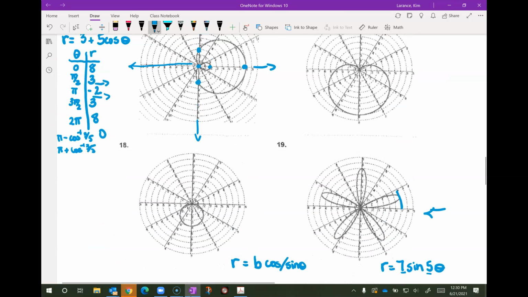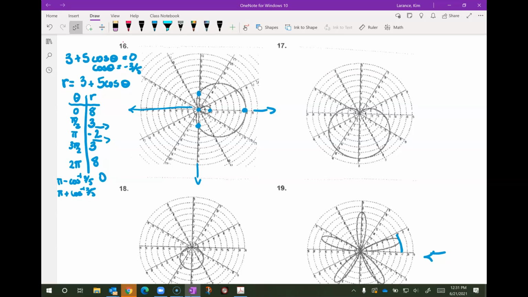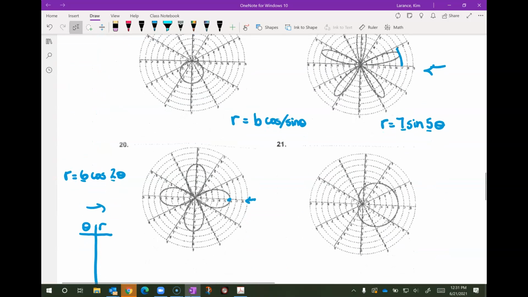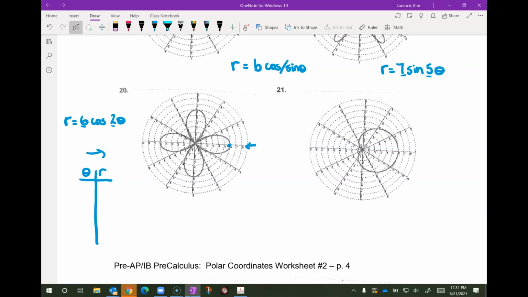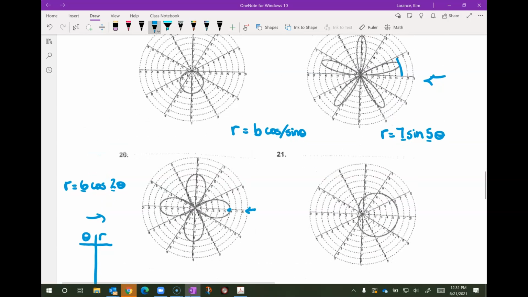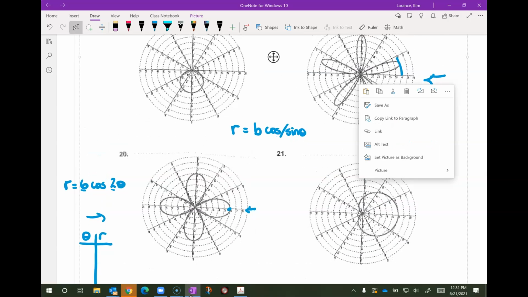And up here, when I went through this, notice that I just hit 0, pi halves, pi, 3 pi halves, and 2 pi, because my coefficient in front of theta was 1. When my coefficient changes, I'm going to adjust it. So this one, I'm going to go through and divide by 2, because this is 2. Up here, I would divide by 5.